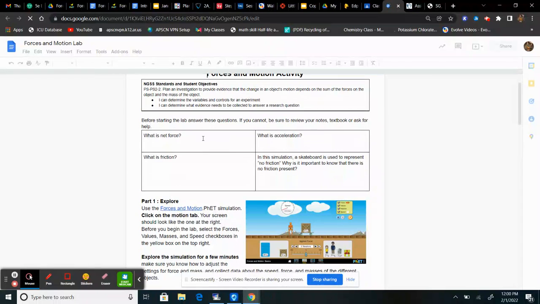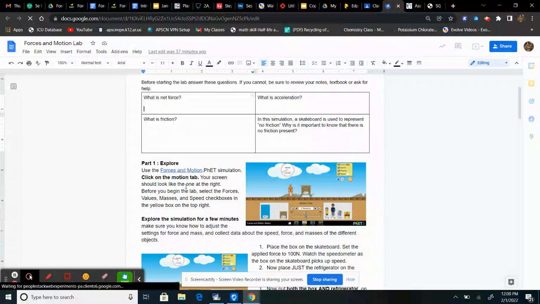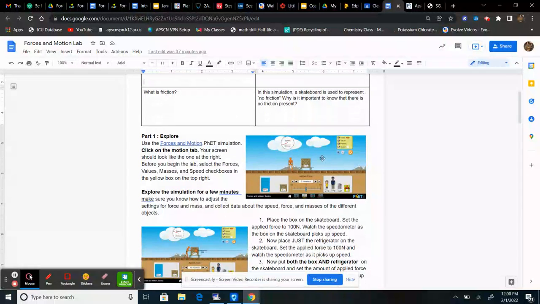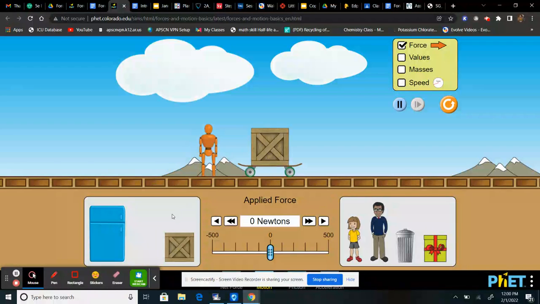It starts off by asking you review questions. What is net force? What is friction? What is acceleration? And again, it gives you a link. You're going back to the forces and motion, making sure you're looking at the correct simulation. We are looking at motion in this case.